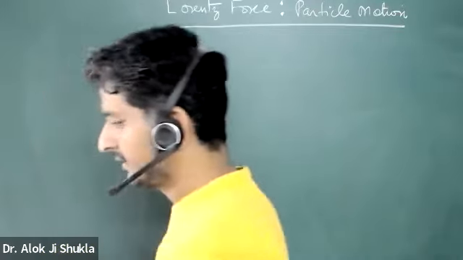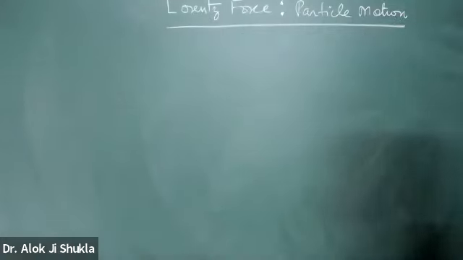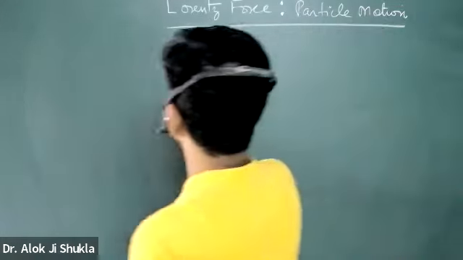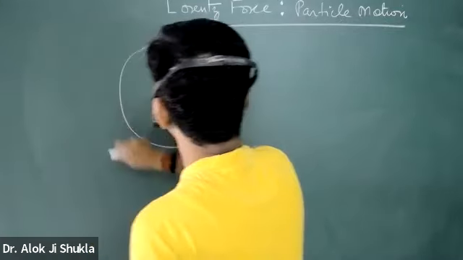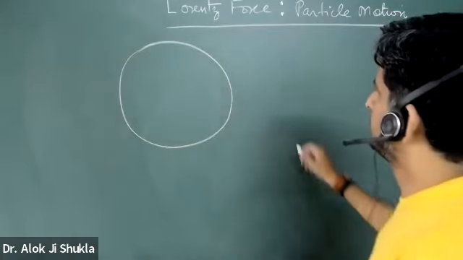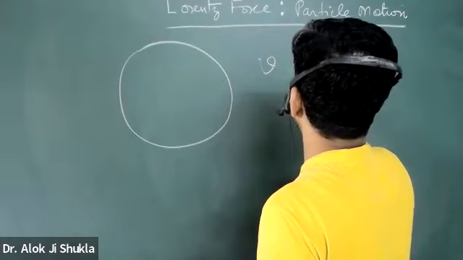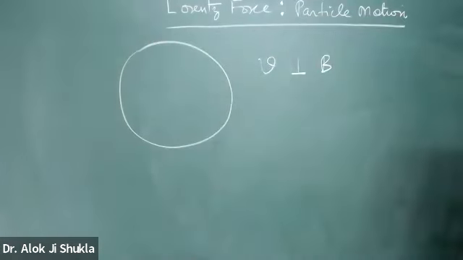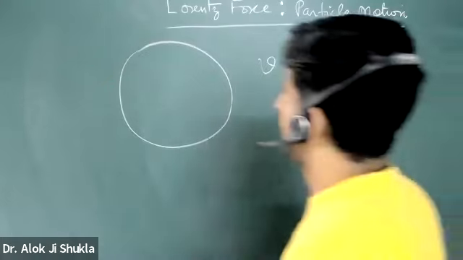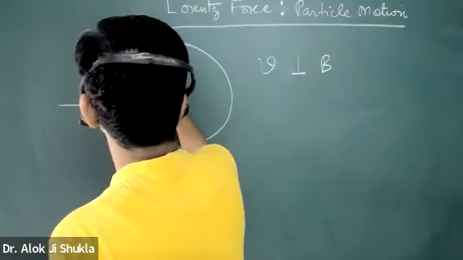So before this, let me just explain you what type of motion is this. So suppose, you know, if the velocity is perpendicular to the magnetic field. If both are perpendicular, then what will happen? कि suppose कोई charge particle enter करता है and magnetic field is suppose like this.